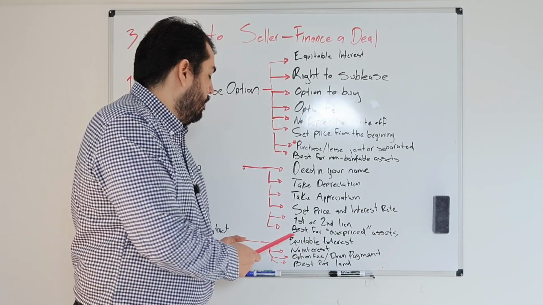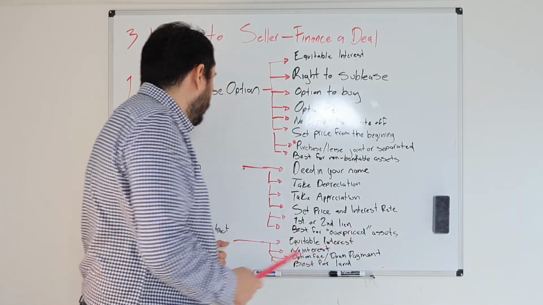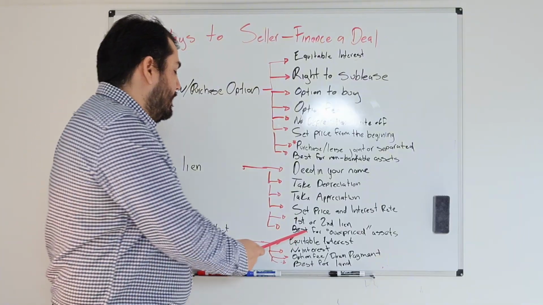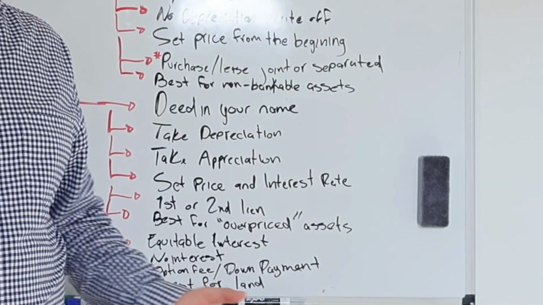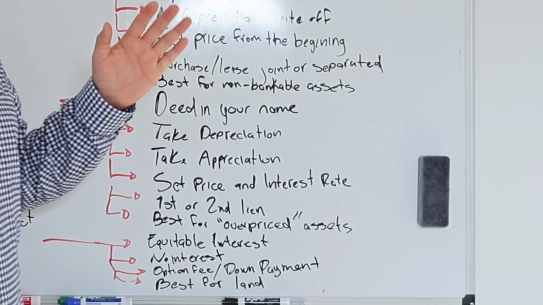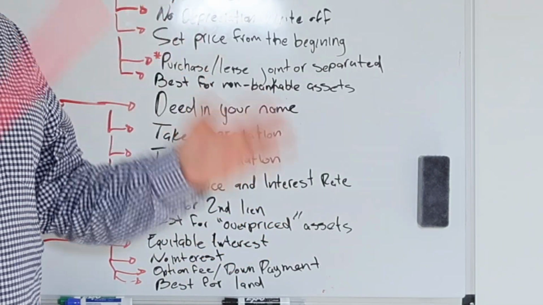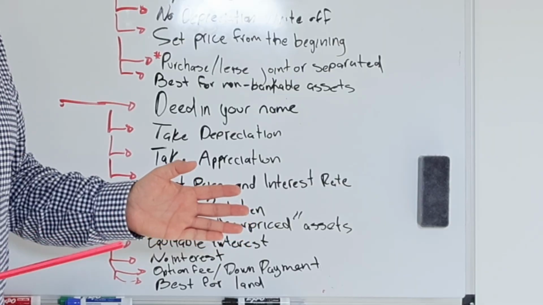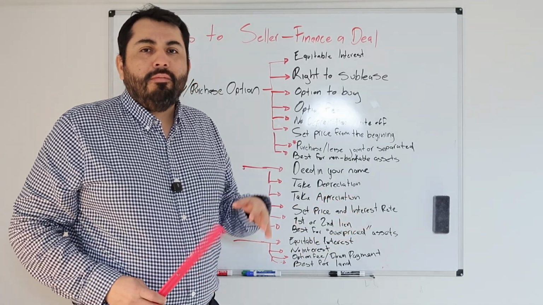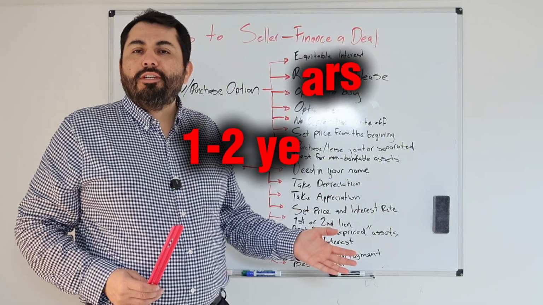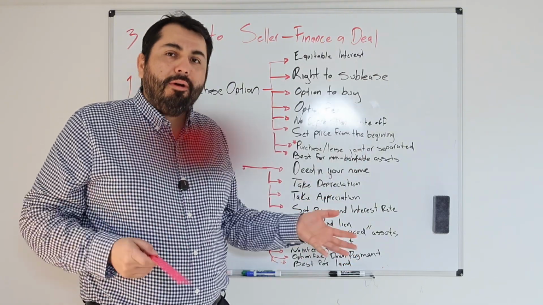Okay, so the vendor's line is best for overpriced assets. This works, for example, when you have a property that is over market price and the seller has been trying to sell it for maybe over 1 or 2 years because it's overpriced.